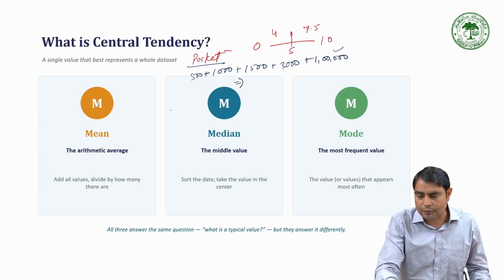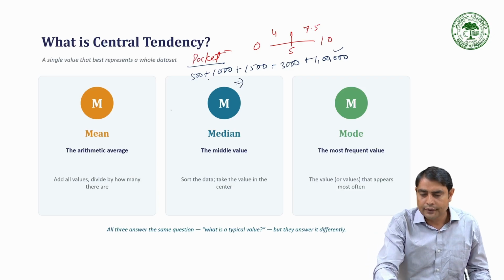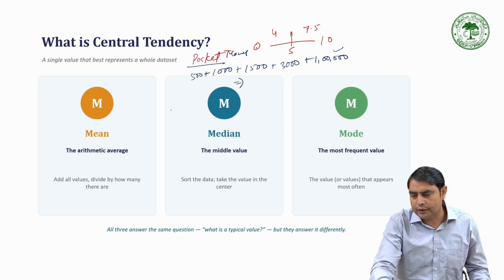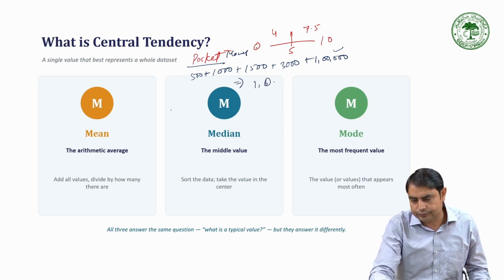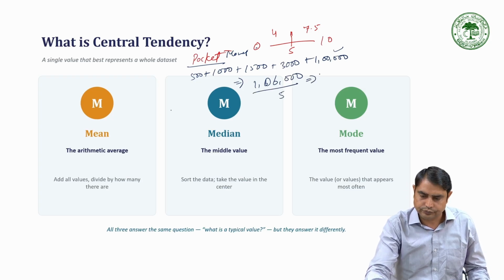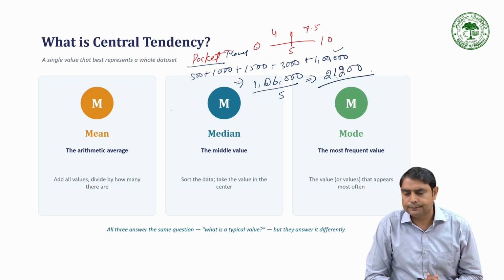For example, if I'm going to take the average pocket money of a student in this case, it will give me the average pocket money of these students as 21,200.